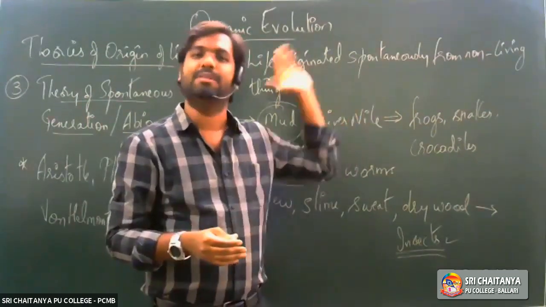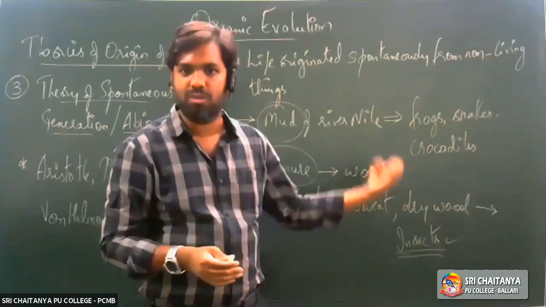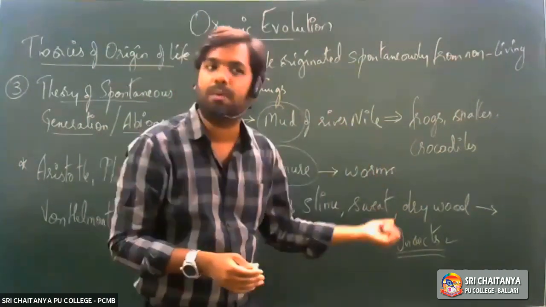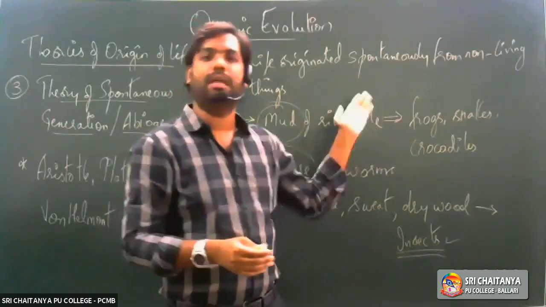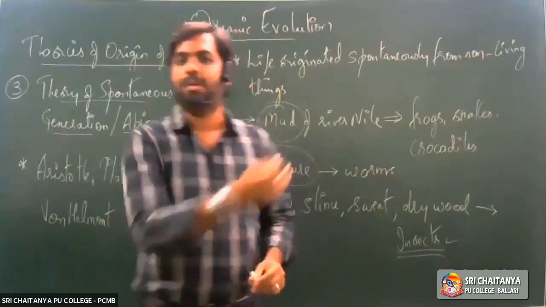This protoplasm reached planet Earth. From then on, these spores or germs, what we call panspermia or cosmozoa, started evolving into life, and that's how life originated as per Arrhenius.